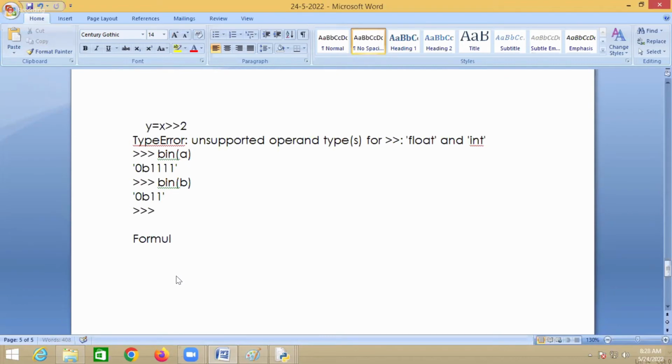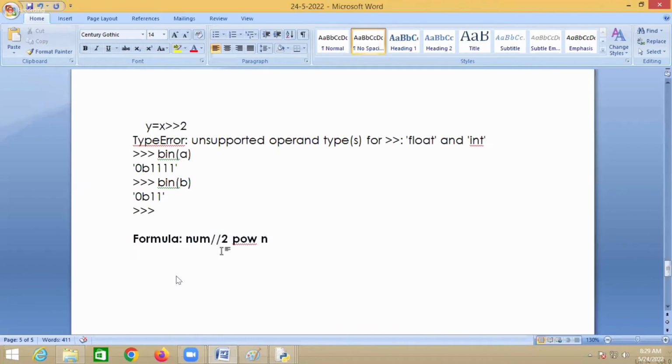The formula is: number is nothing but operand 1 divided by 2 to the power of n.